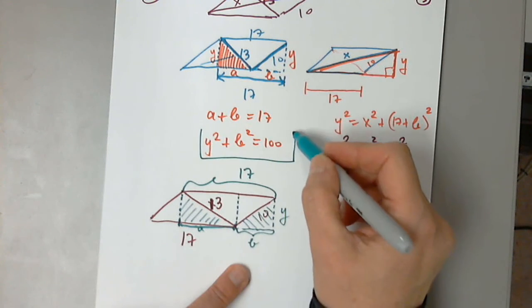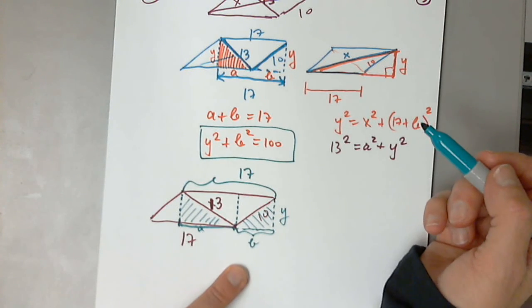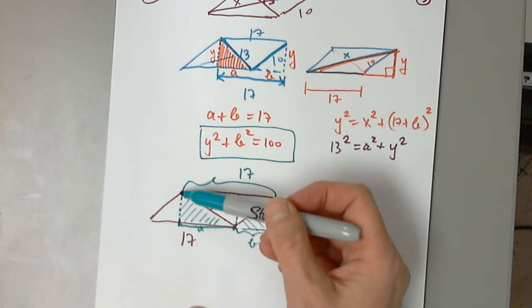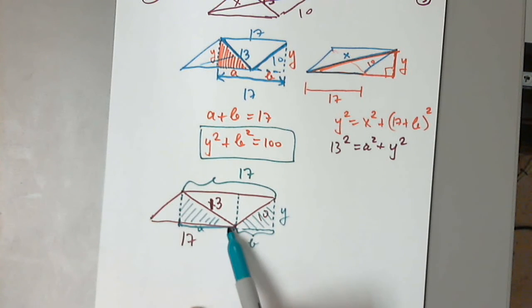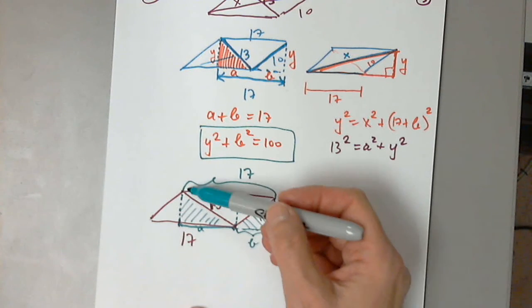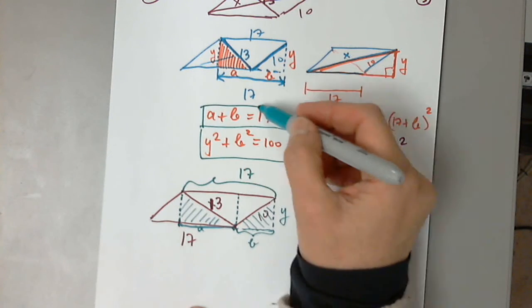This is the first equation. Then I know that a plus b must equal 17. So this is my second equation.